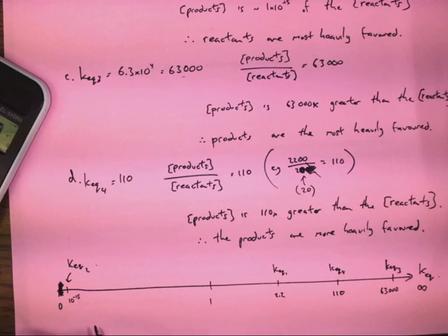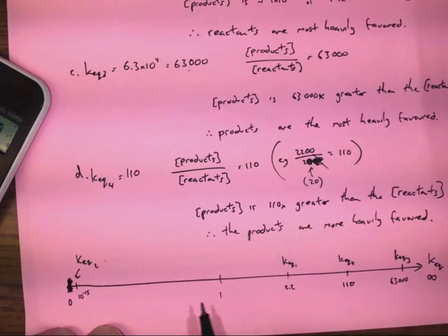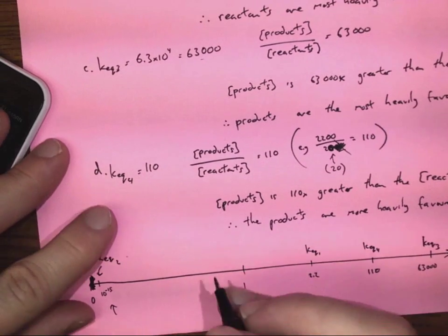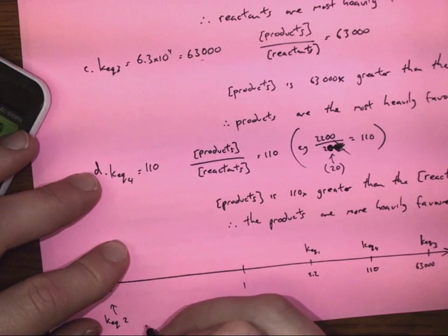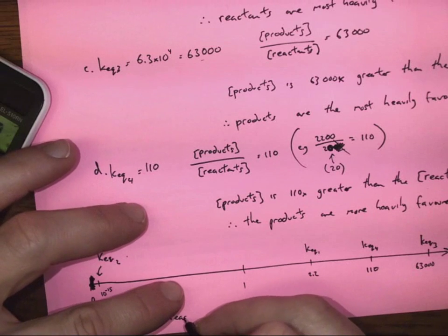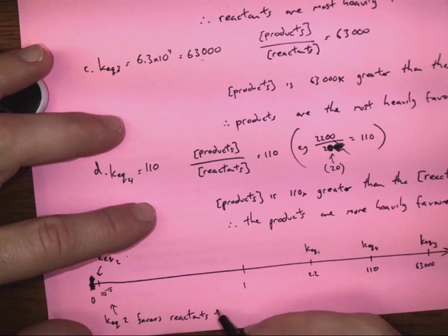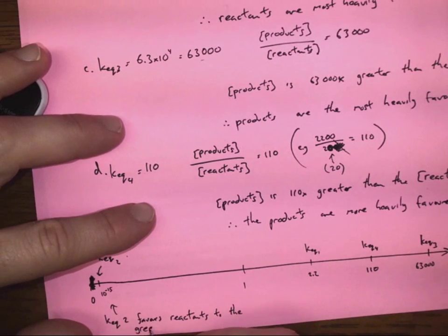So as we see, like a logarithmic, non-linear scale for this axis. All right, so we see that KEQ2 favors the reactants to the greatest extent.